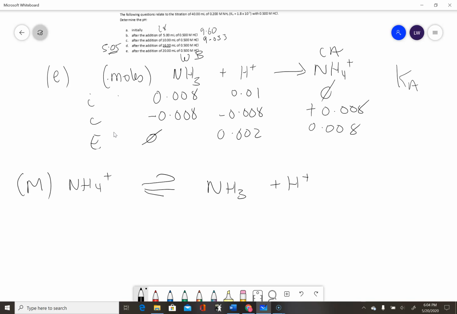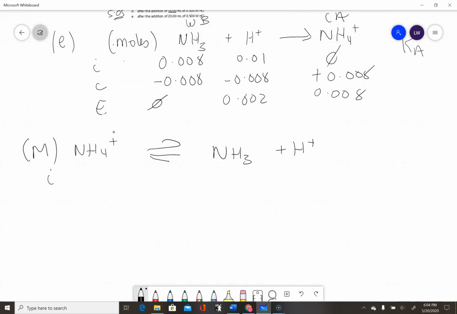Now when you do an ice table, you've got to work in molarity, so we need to calculate our initial concentration of the ammonium and H+. So the concentration of our H+ to begin with, we know that we've got 0.002 moles, and that's going to be dissolved in the 40 mL that we started with plus the 20 mL that we added.